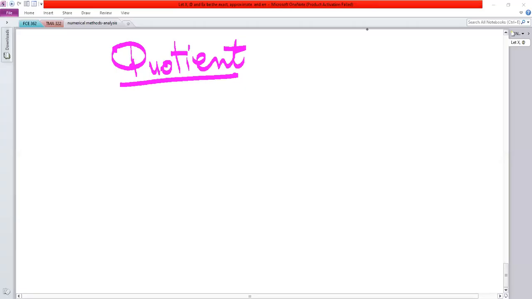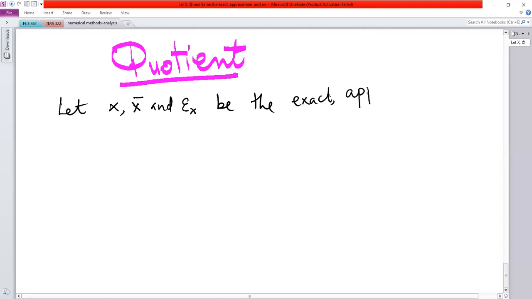Welcome to this session. In this session, we are going to derive the error formula for the quotient of 2 quantities x and y. So let x-bar be the approximate value of x, and epsilon sub x be the exact error magnitude in the quantity x.